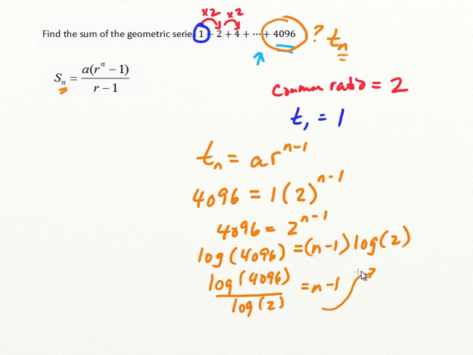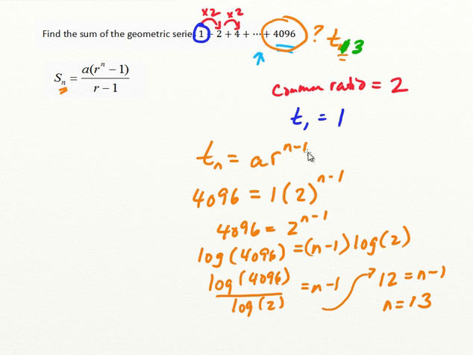Well, when I divide those two logs, I get 12 equals n minus 1, or in this case, n is going to equal 13.